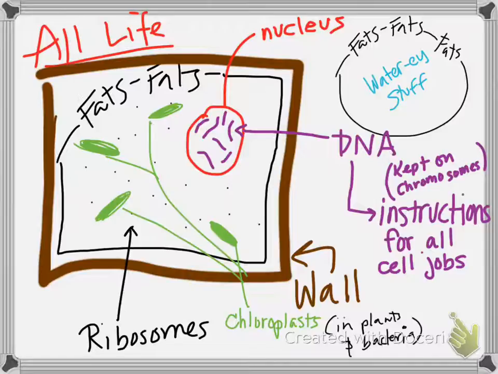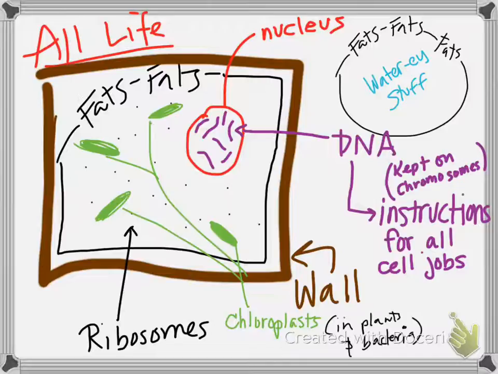They have chlorophyll in their chloroplasts, and that's actually where they make their food. Oh, it does look like a little plant. I didn't even mean it to. Yeah, so those little chloroplasts are where that happens.